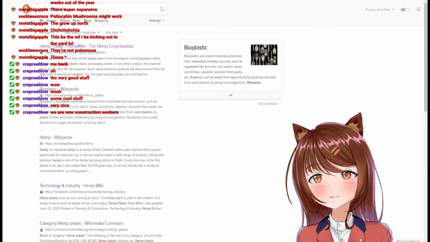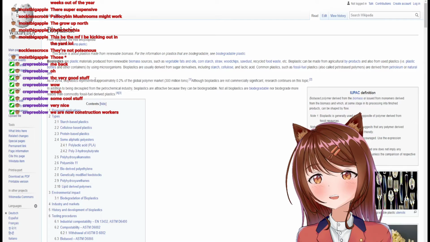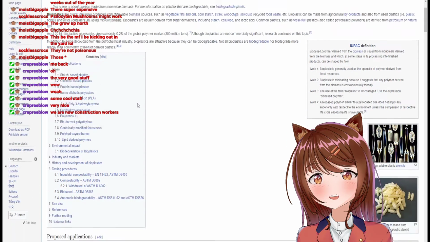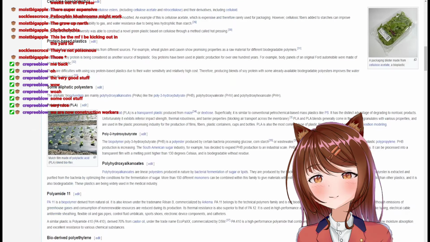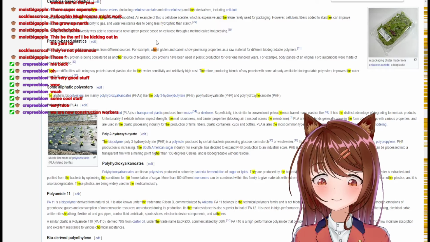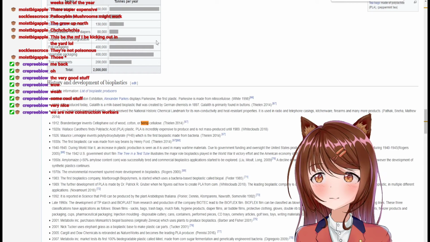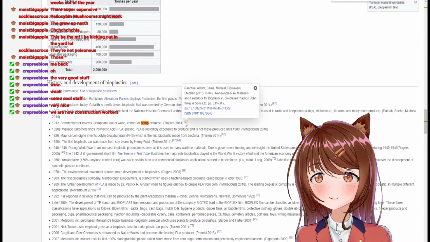So, bioplastic time. Where's the hemp bioplastic? Is it cellulose based? I bet if I do Control F and type in hemp, I can find it. Okay, well they have a reference.